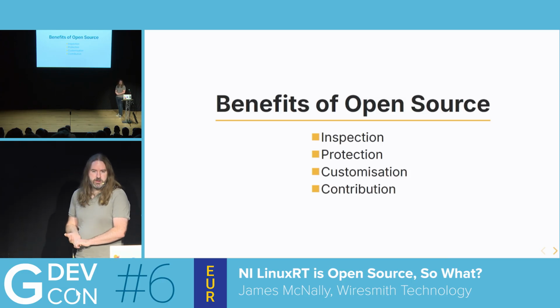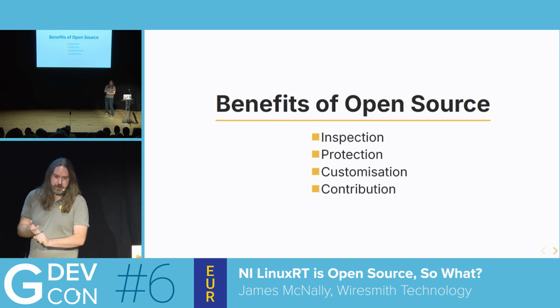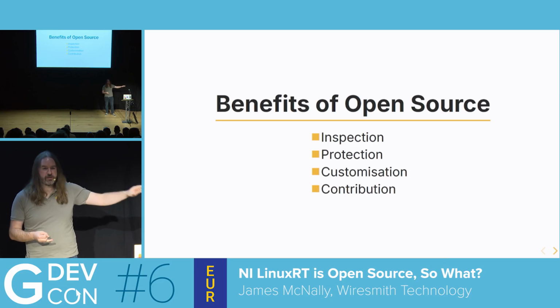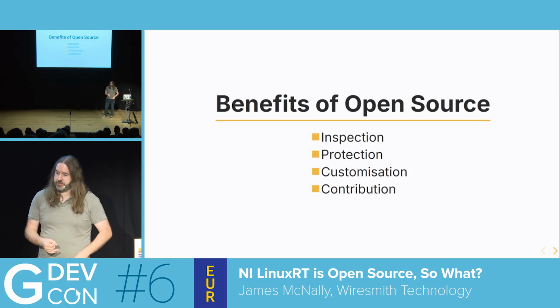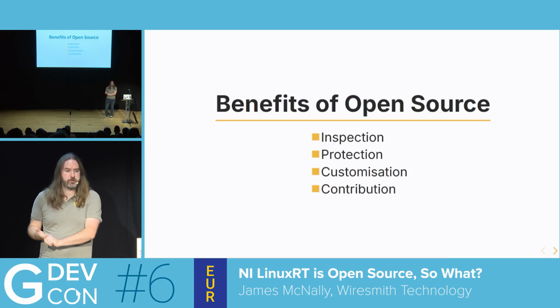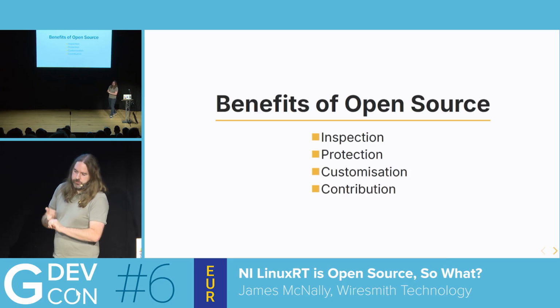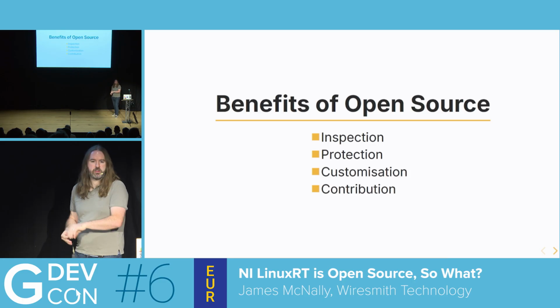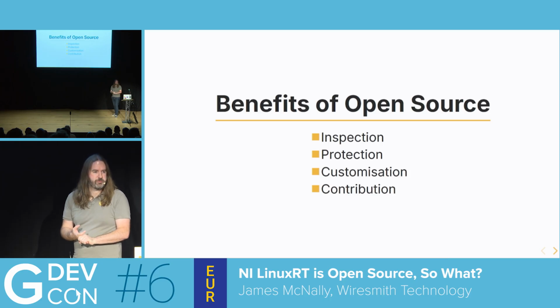Protection. If NI disappeared off tomorrow, I don't think that's going to happen, but if they disappeared off the planet, or they decided to change how they wanted to build compact RIOs, or you had some security issue and you didn't have time to wait for NI to react, you have all that source code so that you can take control of that system if you want.